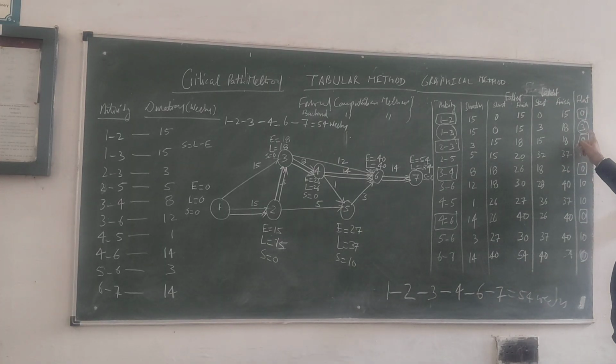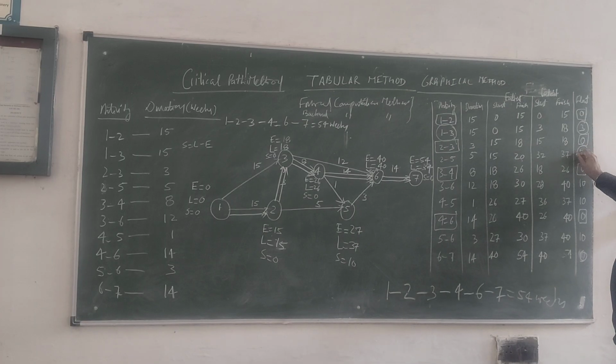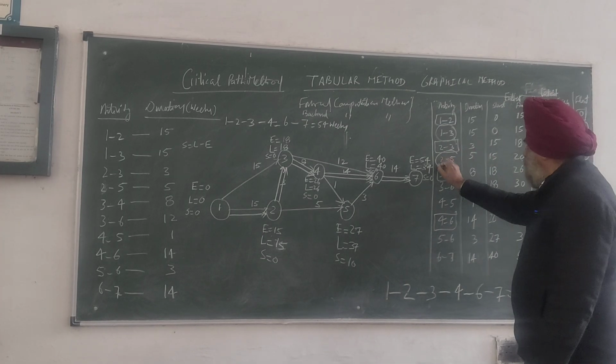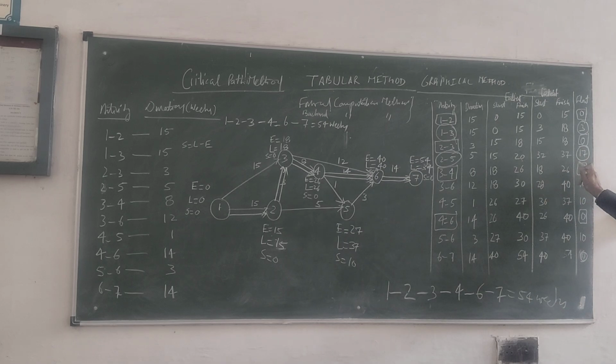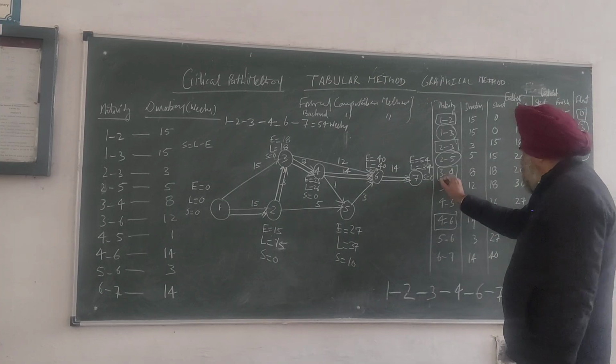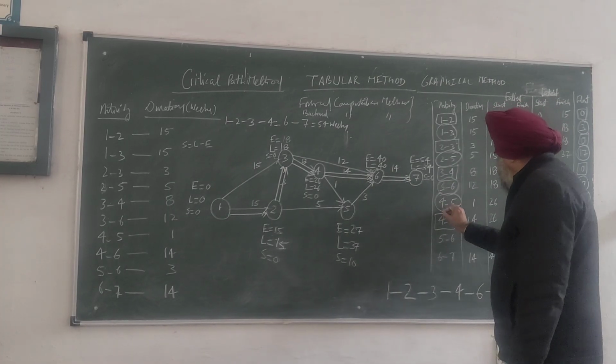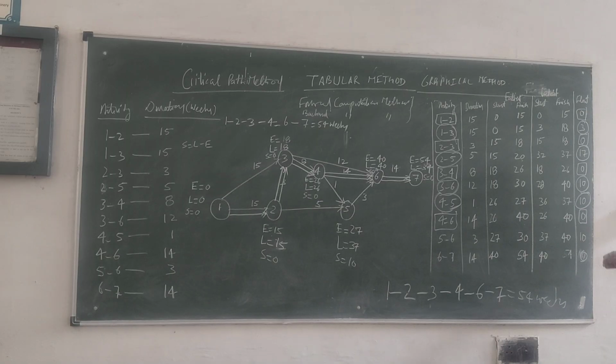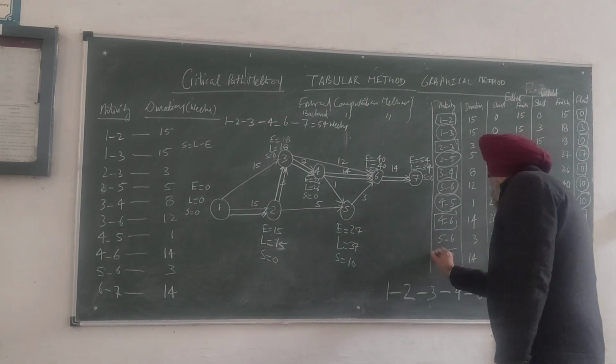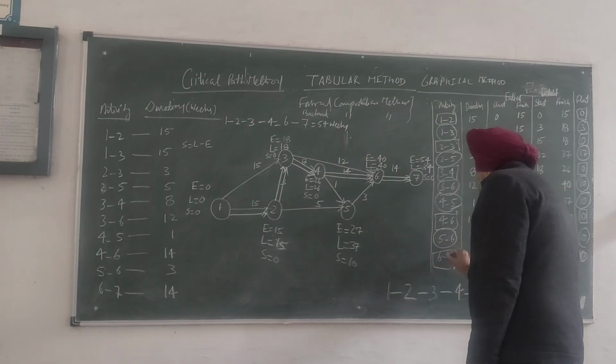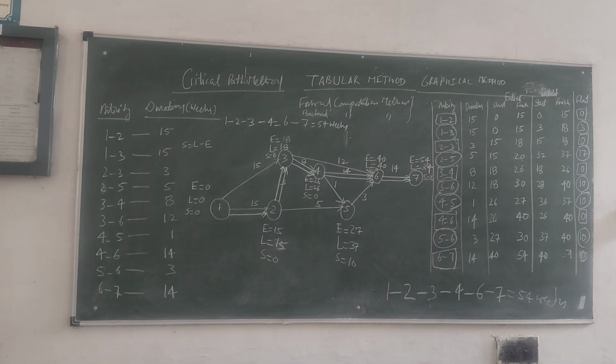It means you have a leverage of 3 weeks to complete this activity. Similarly, we have a leverage of 17 weeks for 2 to 5. Similarly, for 3 to 6 and 4 to 5, we have a leverage of 10 weeks. And for 5 to 6, we also have a leverage of 10 weeks.